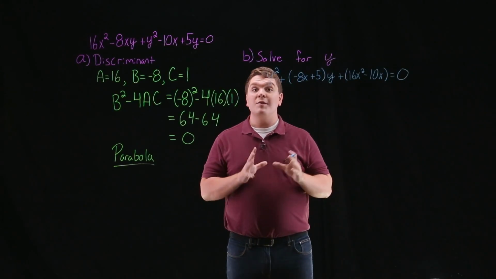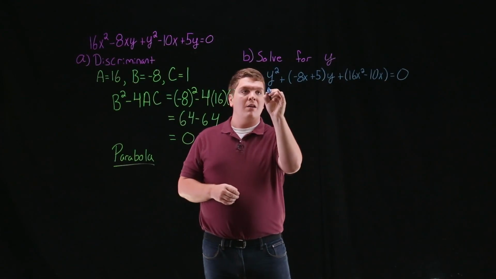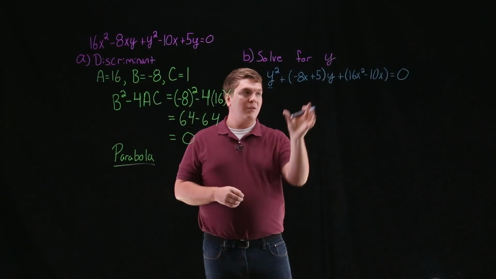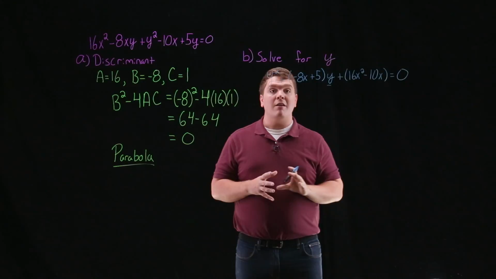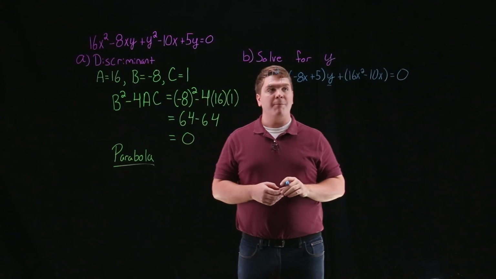So now what we have is a quadratic in y. We have a y squared plus something times y plus something which looks like a constant when we're dealing with the variable y.